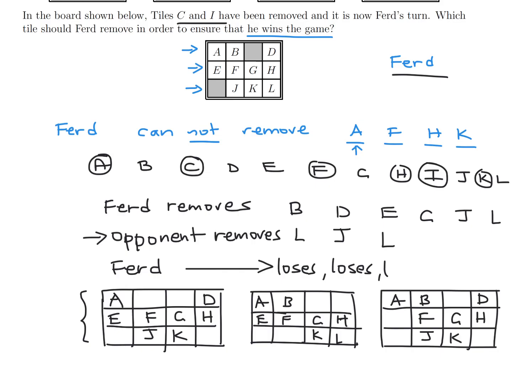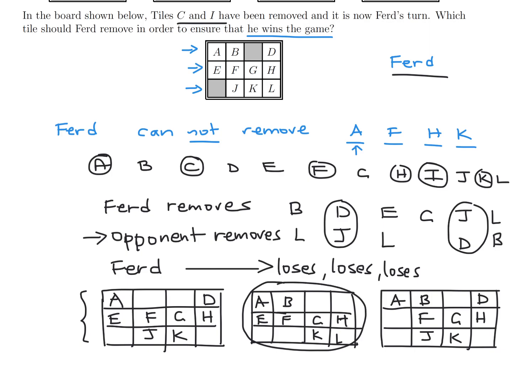He's going to lose no matter what he chooses. And similarly, if well, G I'm not sure yet, but J, D would be the one. JD is the same as this guy here, so that's this one. And then L, well, L and B, that's the same as the first one, this one.